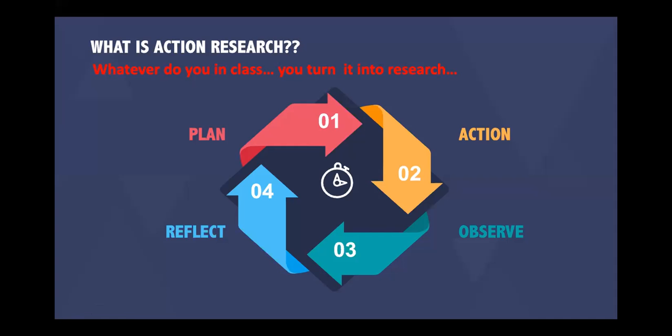As I mentioned earlier, when you do this, you must write what your problem is, what your planning is, what your action will be, what you observed, and then you reflect. So you write this as qualitative research. How?